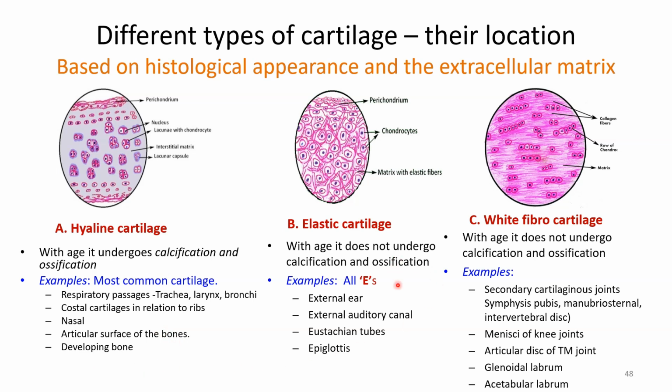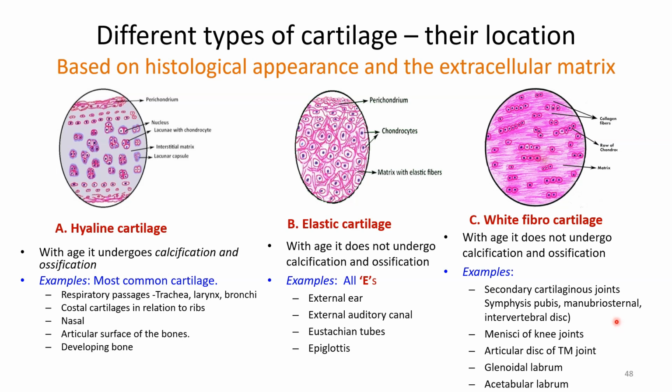Whereas for the elastic cartilage, all start with E: the external ear, the external auditory canal, the eustachian tubes, and epiglottis. The examples for the white fibrocartilage are the secondary cartilaginous joints, that is the symphysis pubis, the manubriosternal joint, and the intervertebral disc, that is the midline joints.